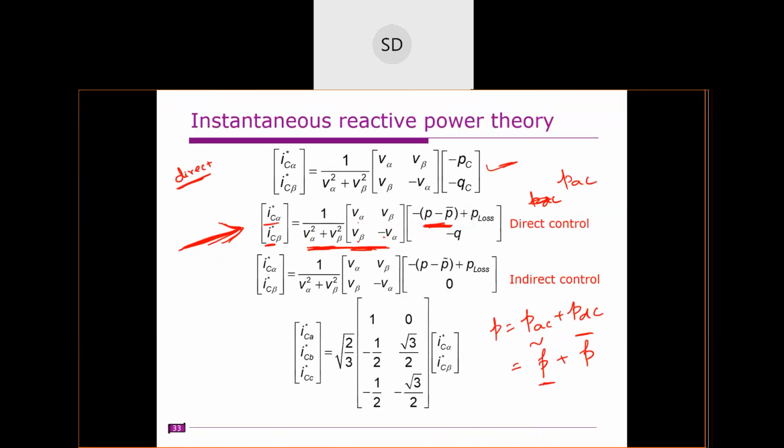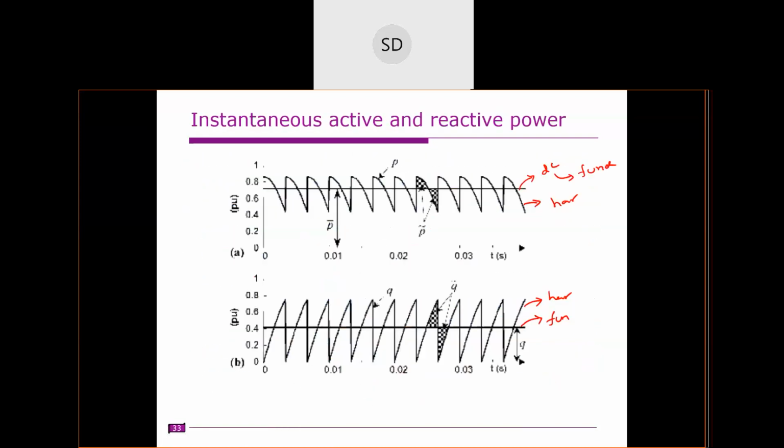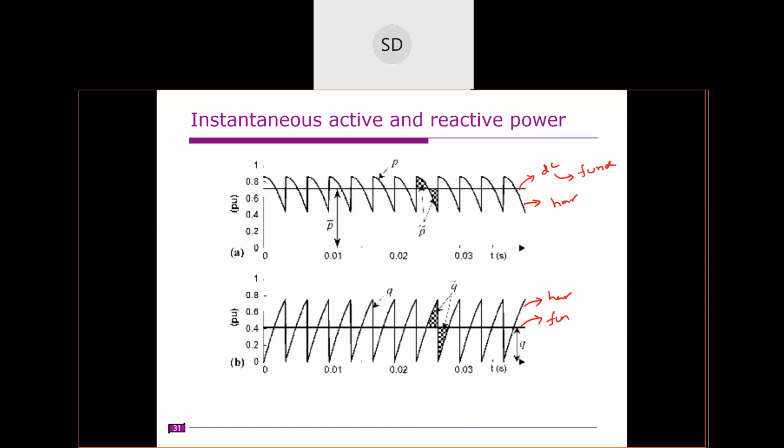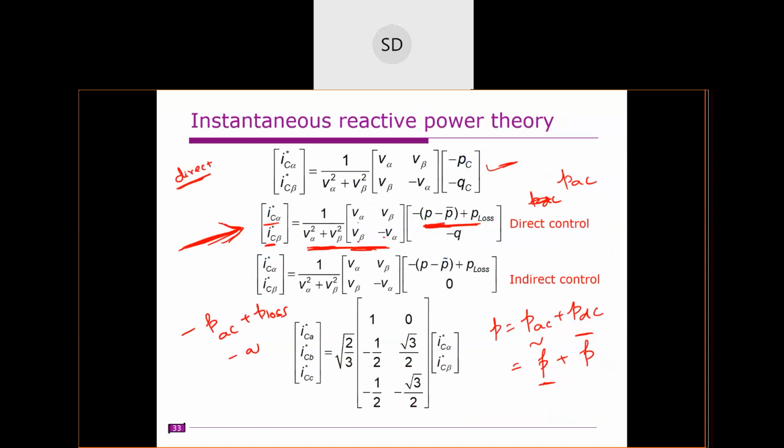So this is minus P_AC plus P_loss, which is what we assumed. The entire first term is minus P_AC plus P_loss, and the second one is minus Q. This is the one that we require, and this is for the direct control.